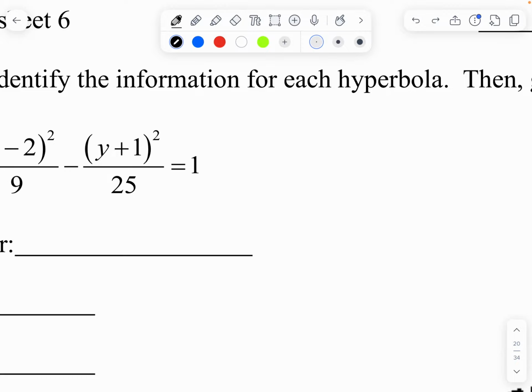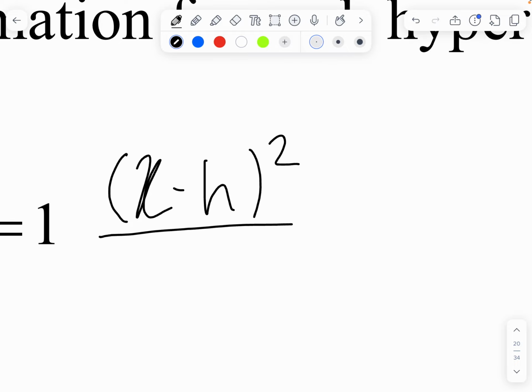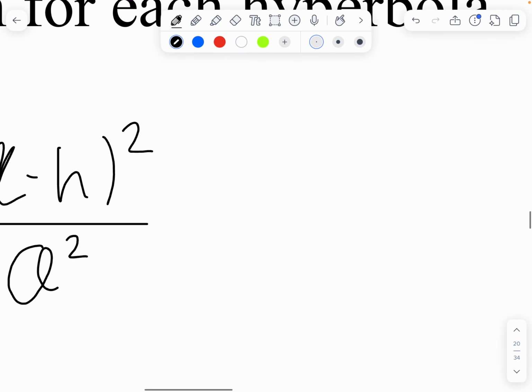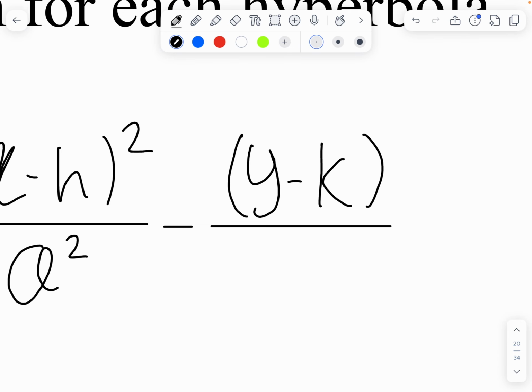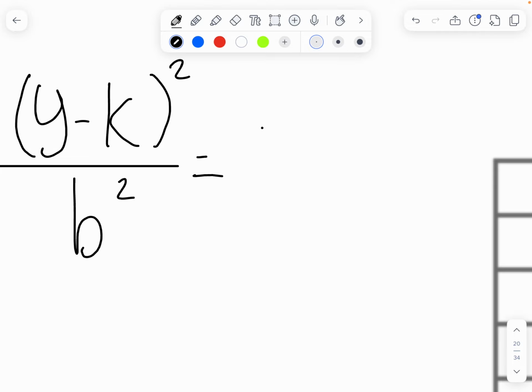A horizontal hyperbola opens left and right, and its standard equation is (x minus h) squared over a squared, minus (y minus k) squared over b squared, which equals 1.